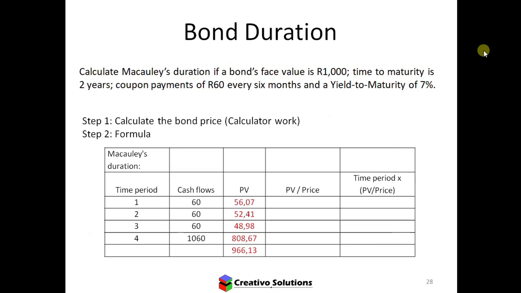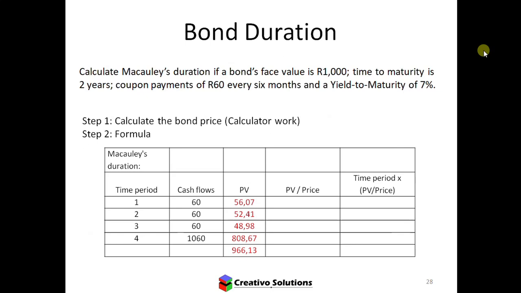Right, so if I'm calculating the Macaulay duration, if I have a bond face value of 1,000 and I have time to maturity as 2 years, and there are coupon payments here of 60 every 6 months, and the yield to maturity is given as 7%, is it possible for us to calculate the bond price? Well, the easiest step I would suggest is to use your calculator, but insert the right values into your calculator and make sure you use the right I to discount future cash flows back in time.